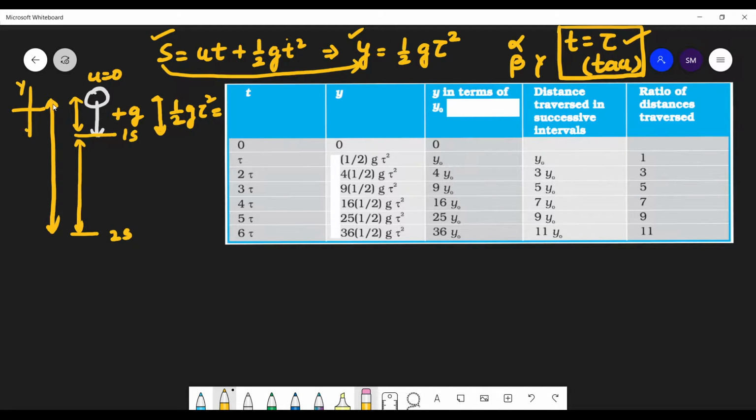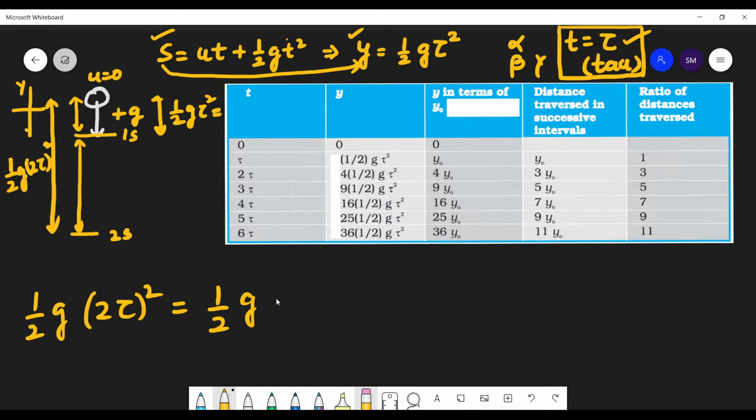So in 2 seconds, the distance will be half g and 2 tau square, right? So half g, 2 tau square, that will be equal to half g into 4 tau square. I can write it as 4 into half g tau square, right?